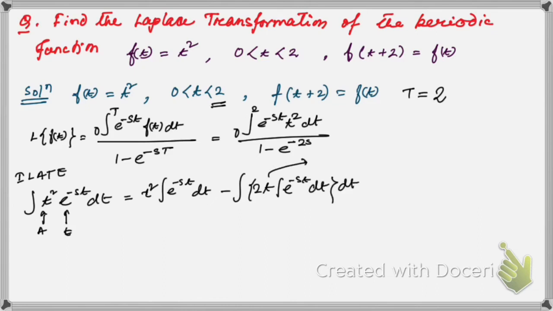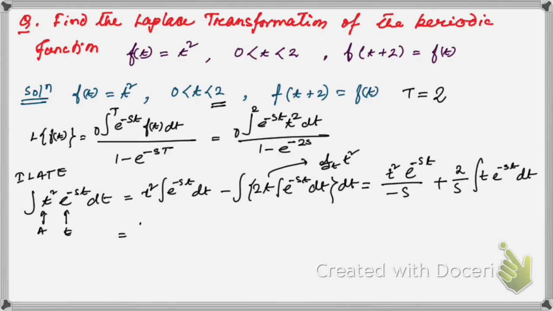If you integrate again, here the derivative of t square is, we know, 2t, and it is equal to this. I hope you know these simple integrations, so I have just written the result.